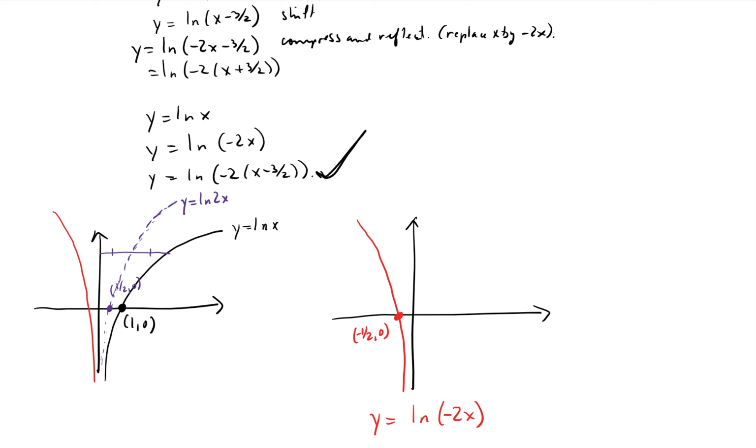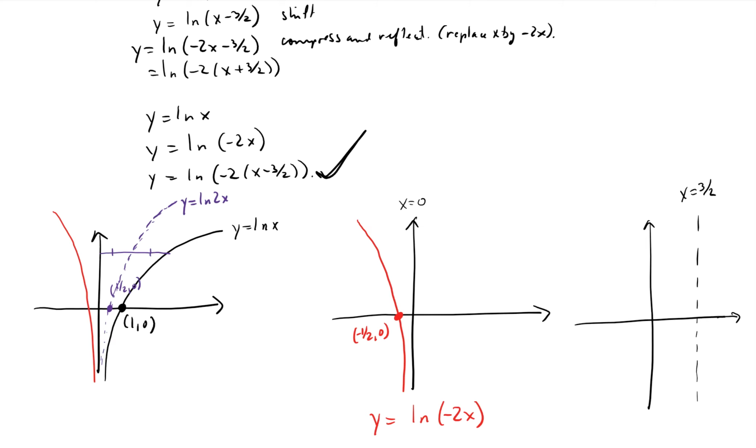And finally, I'm going to shift this graph by 3.5 units to the right. If I shift my vertical asymptote, which is x equals 0 right now, it's going to become x equals 3.5.